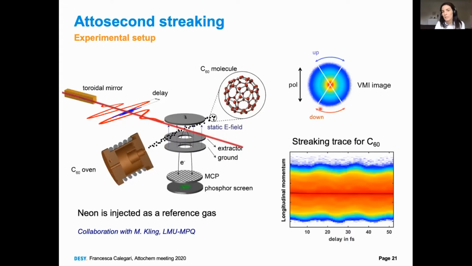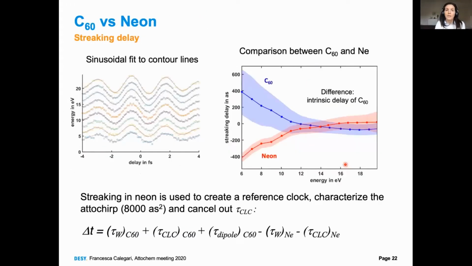Here you can see a typical photoelectron angular momentum distribution. If you integrate over a small angle here, then you get this typical streaking trace. Then you can do a contour plot analysis of the streaking trace, and therefore extract the delays of the photoemitted electrons, as you can see for C60.